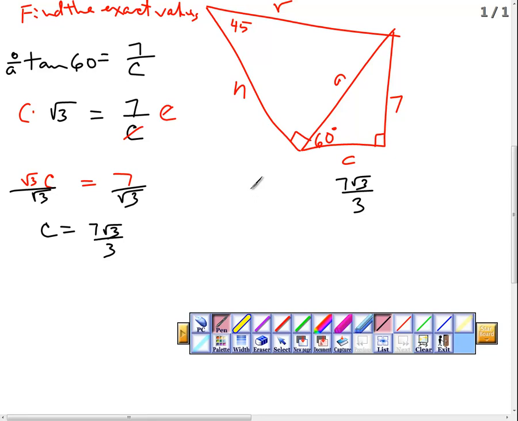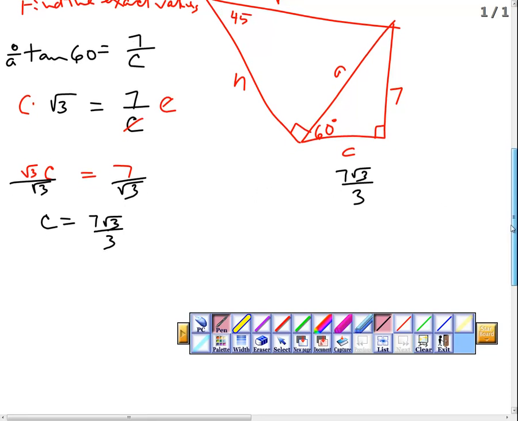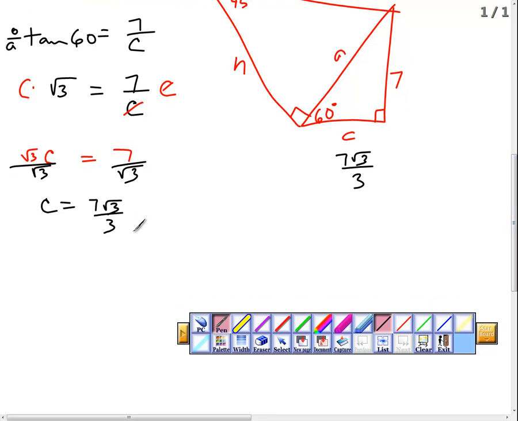Now let's look at side A. So here we found side C. Now we want to find side A. Okay, so which trig ratio can we use? Sine, cosine, or tangent?